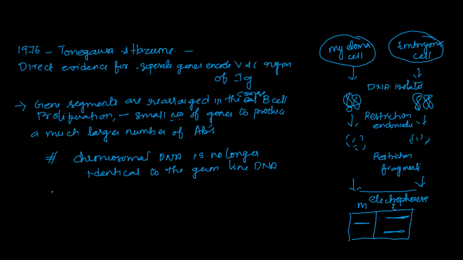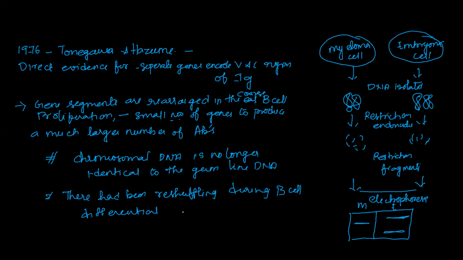There had been reshuffling, or rearrangement, during B cell differentiation, which allows the creation of a wide range of antibodies.